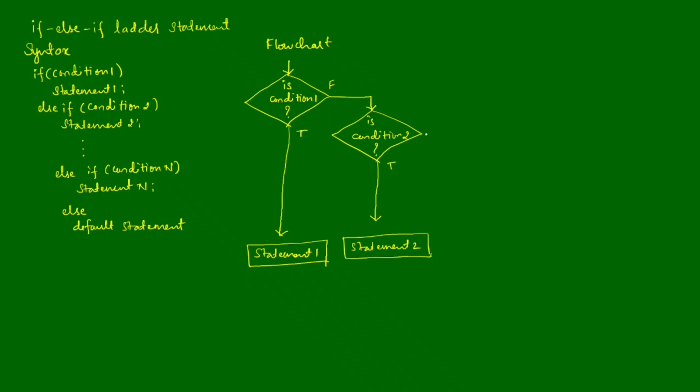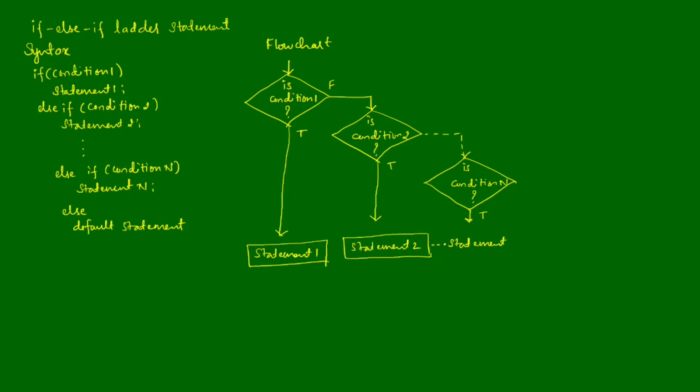And we can have n number of conditions. I'll write dots here that represent n number of conditions will be checked. Here I'm going to write is condition n question mark, and for this also we are going to draw a rhombus. If it is true, then statement number n will get executed.